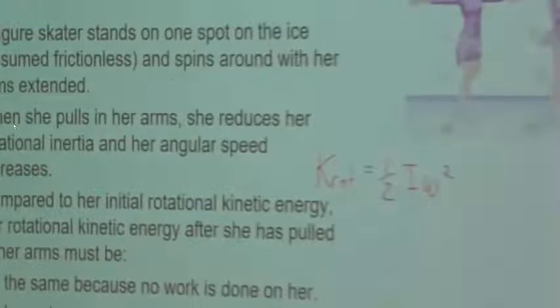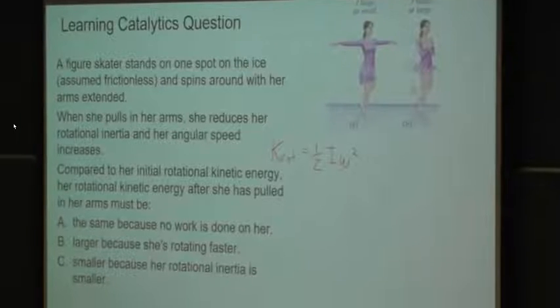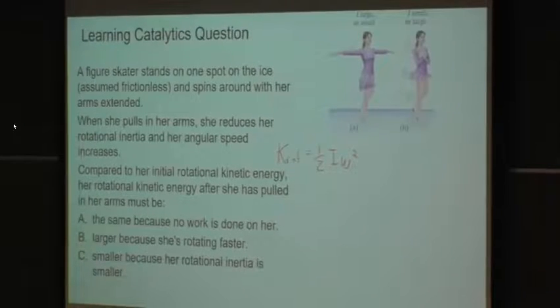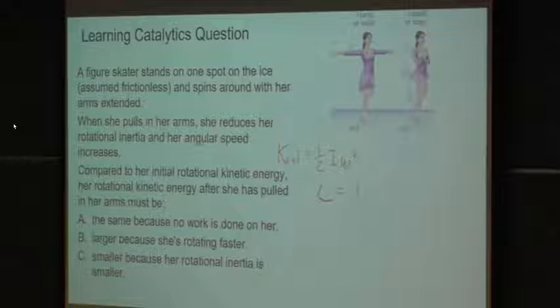So this is not at all obvious. What I do think is that L, which is equal to I times omega, is constant, assuming that there are no external torques, so you neglect the friction from the skates.